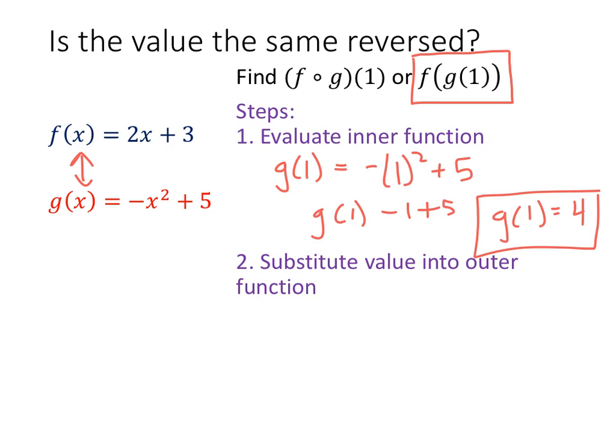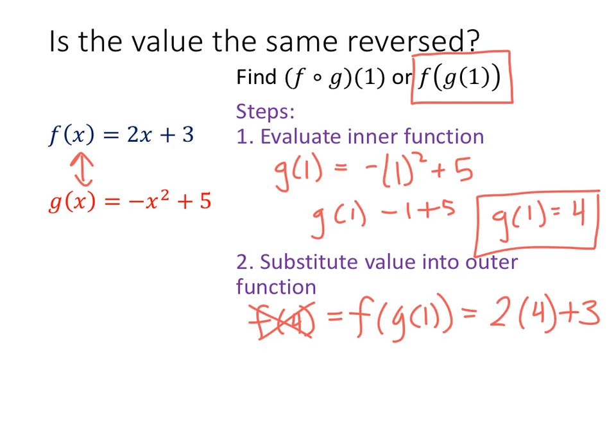Now I'm going to take that value and find f of g of 1. Again, this is the same thing as doing f of 4, but we want to write this as f of g of 1, understanding that we're going to substitute 4 into our function. So we take 2, multiply it by 4, and add 3.